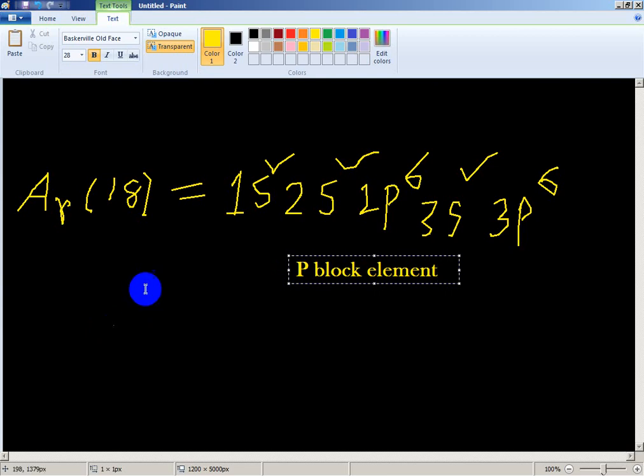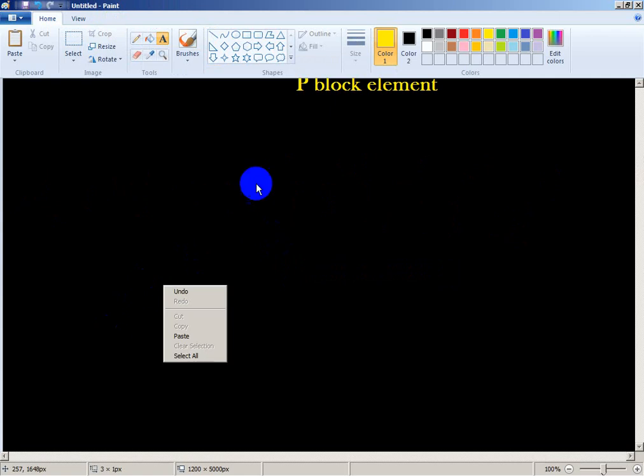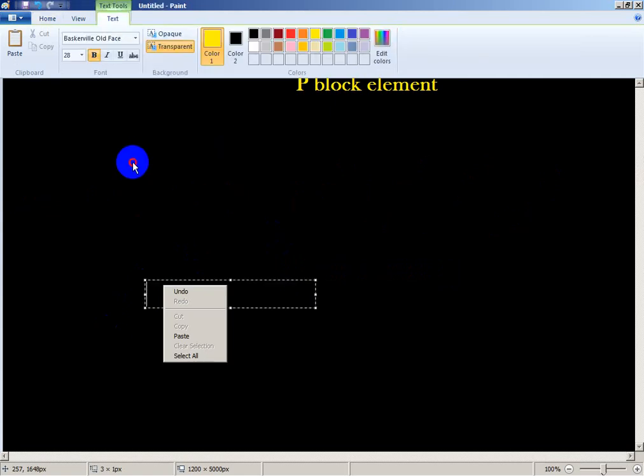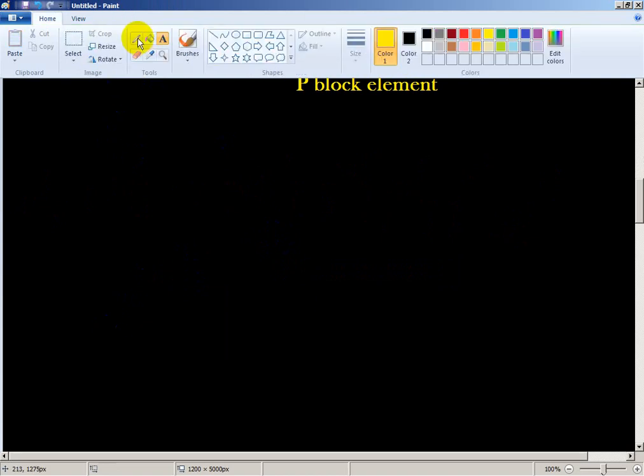And now I do the electronic configuration for iron. Do you know the atomic number of iron? 26. Good.